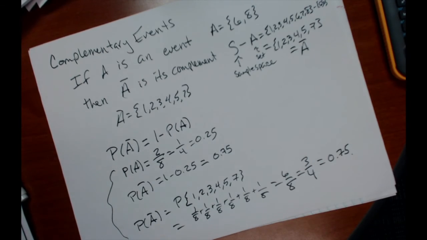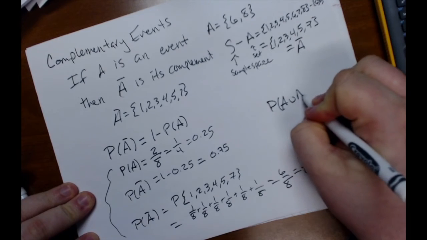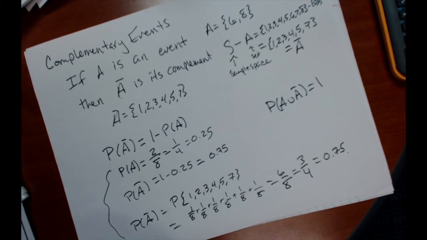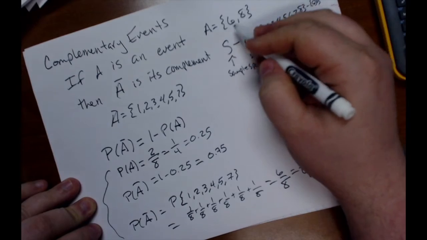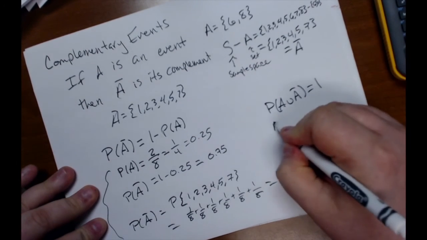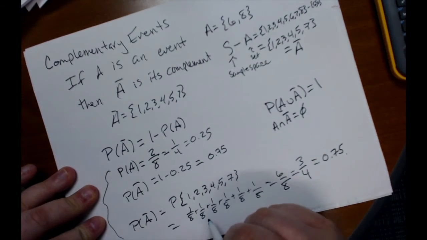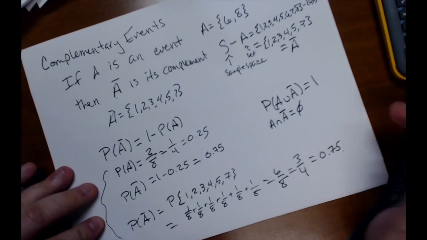We can also think of it this way. We know that the probability of A or its complement is 1, right? Because either it's going to fall within one of 6 or 8, or it's not. And we know that A intersect A complement is the empty set from our set theory days, they have nothing in common because we did the minus operation.